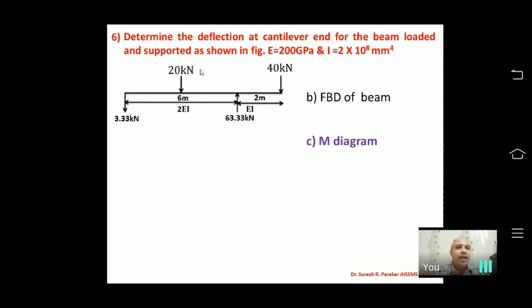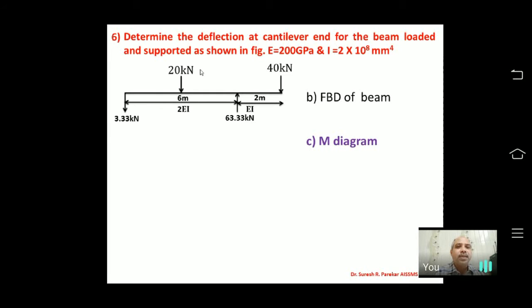Now if I draw the bending moment diagram, it is always preferable to draw the bending moment diagram for 40 kilonewton separately and 20 kilonewton separately if your bending moment diagrams are on opposite sides. Because if they are on opposite sides, then we have to find out where it will become 0 and then go for the remaining part.